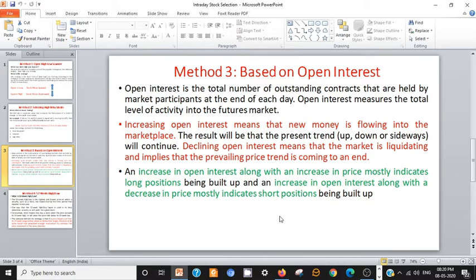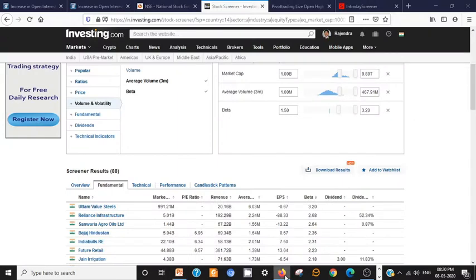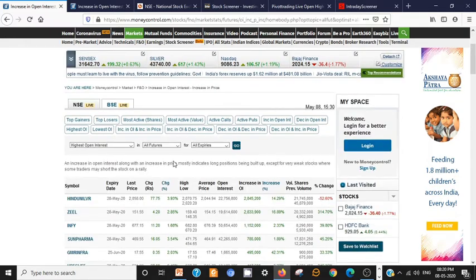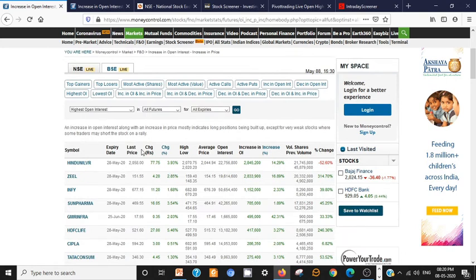For that, you can go to Google and type increase in open interest, increase in price. You will get a list of stocks, extracted from moneycontrol.com. Here you can see an increase in open interest along with an increase in price mostly indicates a long position being built up.